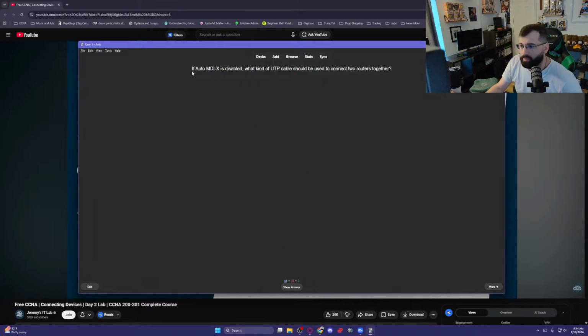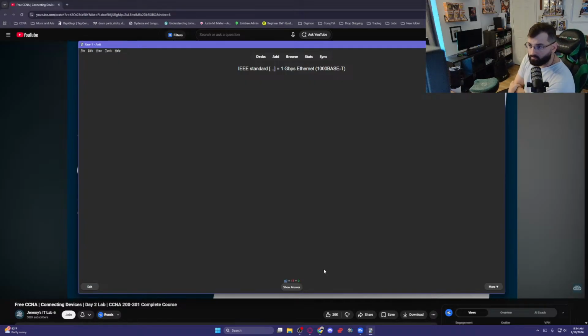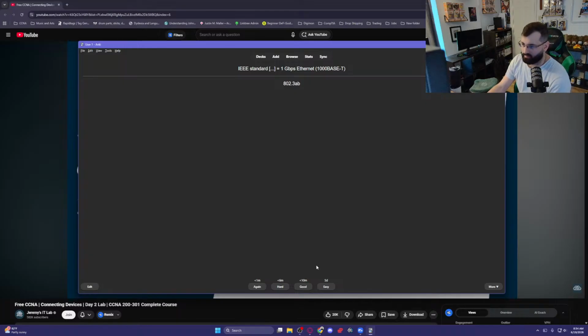All right, here we go. If auto-MDIX is disabled, what kind of UTP cable should be used to connect two routers? A crossover. Yes. Good. This will be the last one, and then we'll do the packet tracer. IEEE standard blank equals 1 gigabit Ethernet. AN. AB.